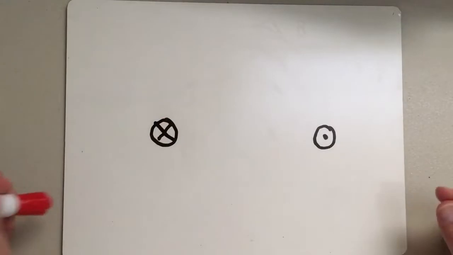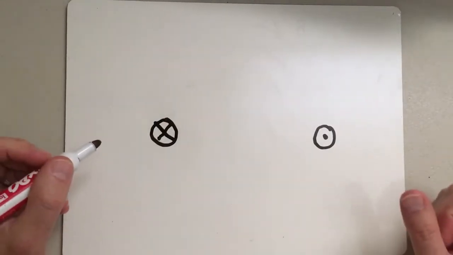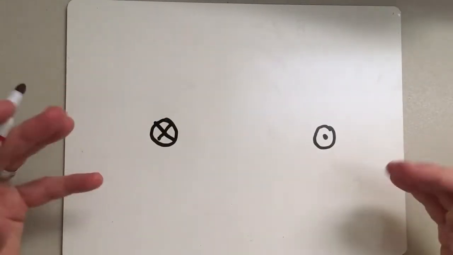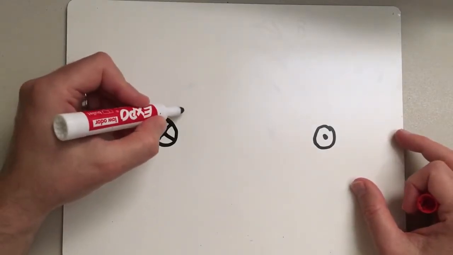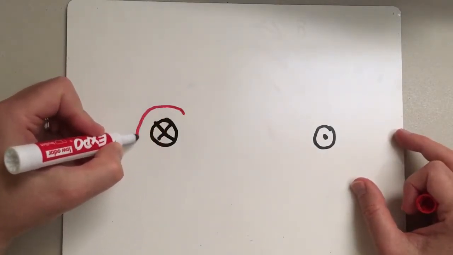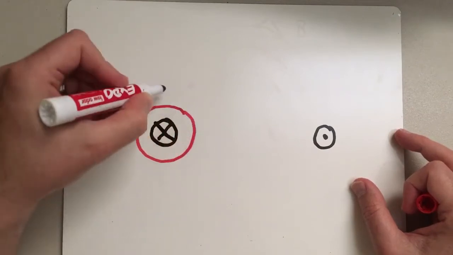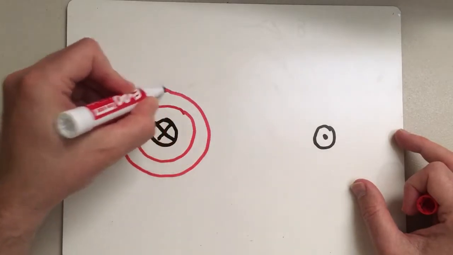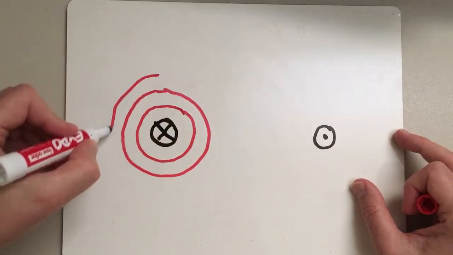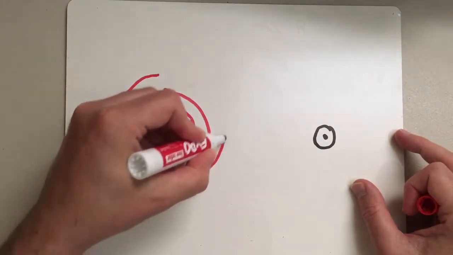So if I want to draw the magnetic fields, as I said, it's a series of concentric circles centered on the current. So I can do that. So here is a circle. And I'm going to do 3 around each of these.